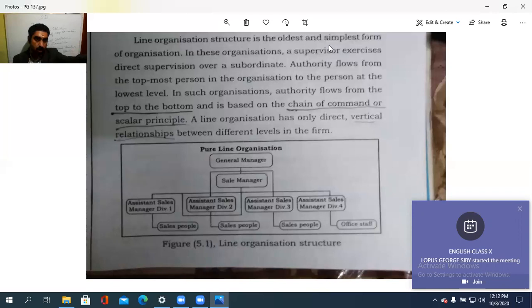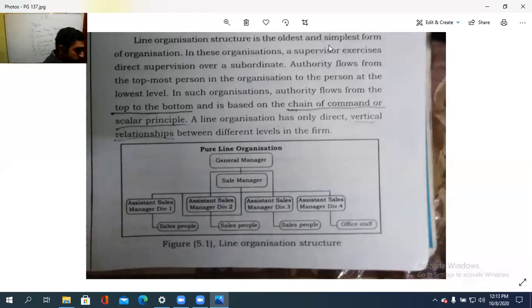So from the top, that is the GM, till the last, the salespeople. In the case of an accounting company, it goes from the chief financial officer, CFO, to the general manager finance or chief manager finance, then to the financial controller, then to the senior accountant, then the accountant, then the cost accountant, and then the store person. So the chain of command should be there from the top to the bottom. That is the first thing, line organization structure.